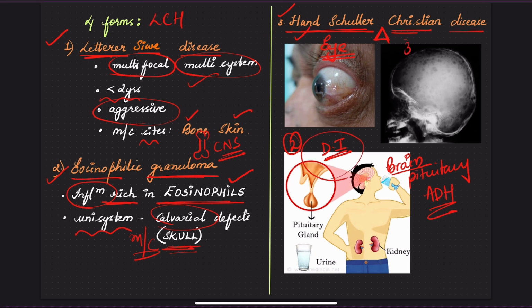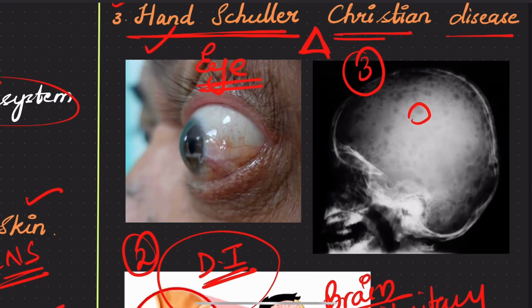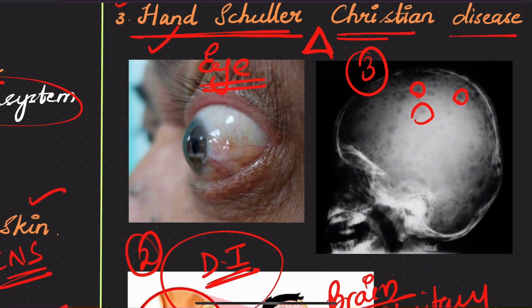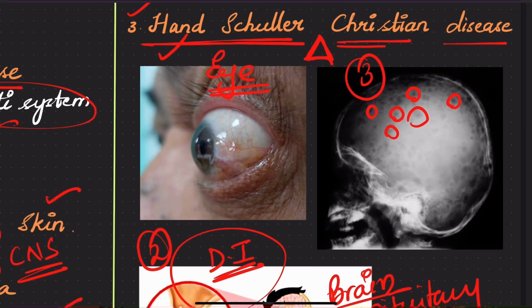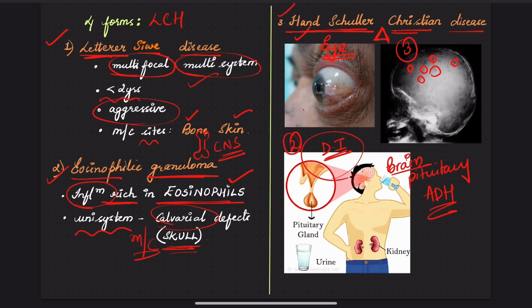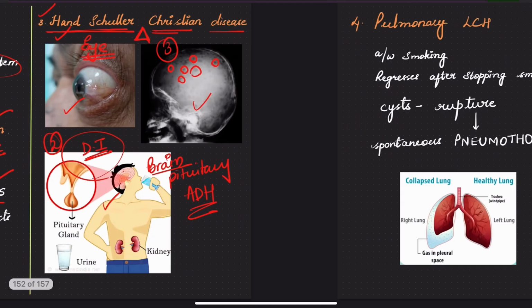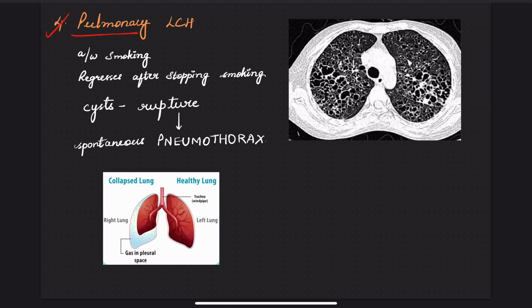So it is a triad of exophthalmos, diabetes insipidus, and osteolytic skull bone defects. That is Hand-Schüller-Christian disease.